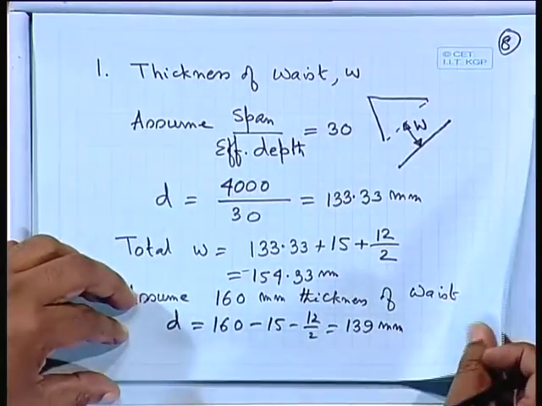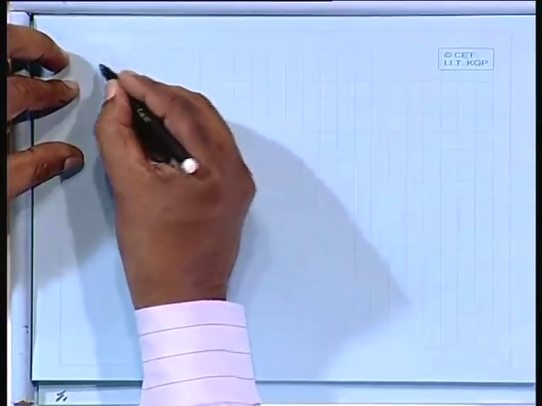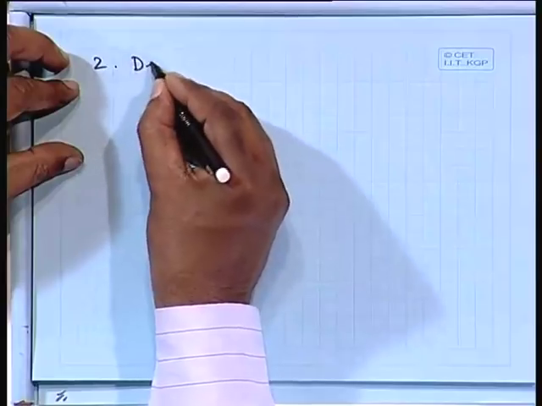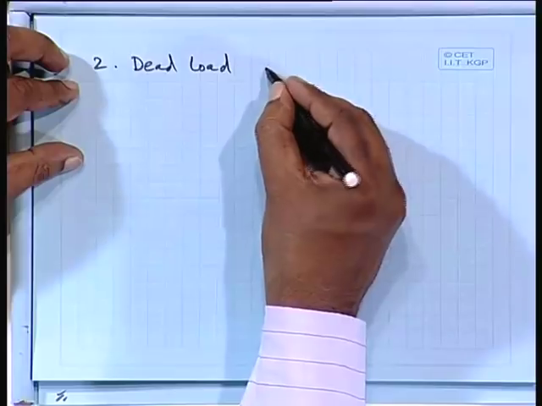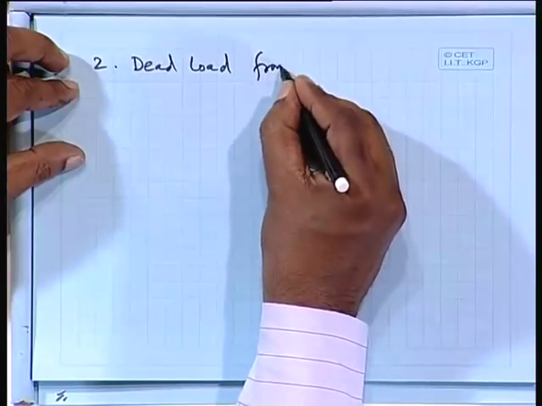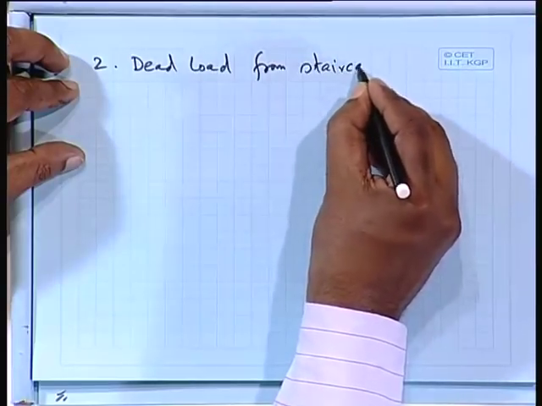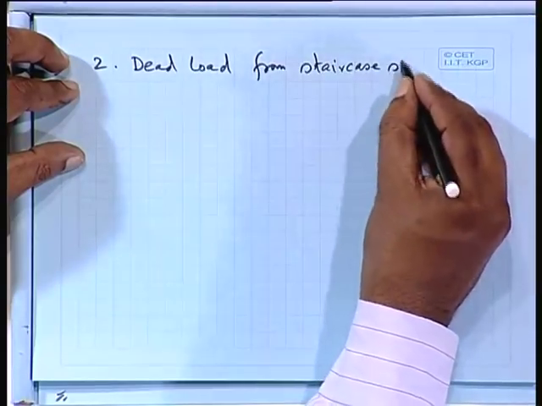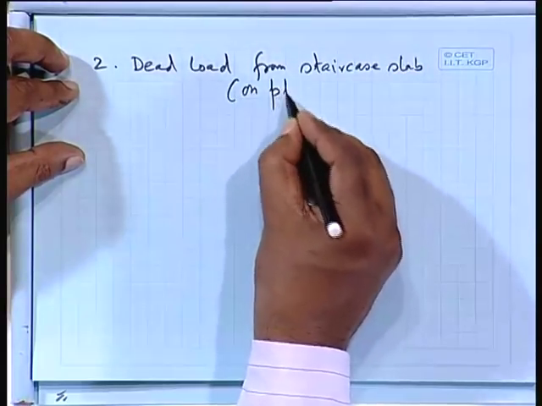Now let us calculate the dead load. So dead load from staircase slab, and we shall get it on plan.